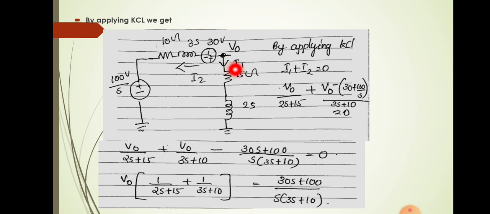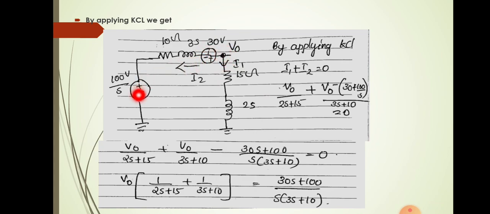So you can write I1 plus I2. All currents are assumed to be going outside, so I1 plus I2 will be equal to 0. So instead of I1, what is I1? I1 equals change in voltage by total resistance, right? What is the change in voltage? This node voltage is V0.